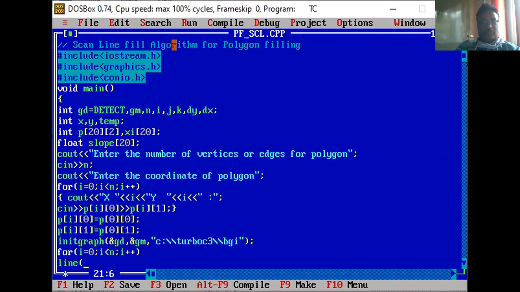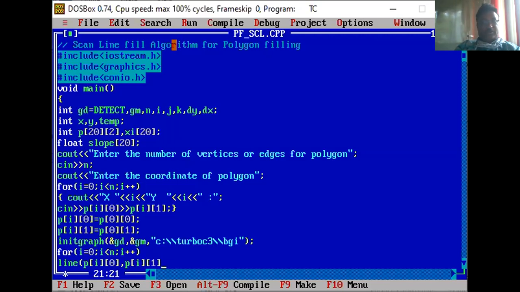So P of i 0, correct? This is my first point. Then P of i 1 is my next coordinates, means X and Y.